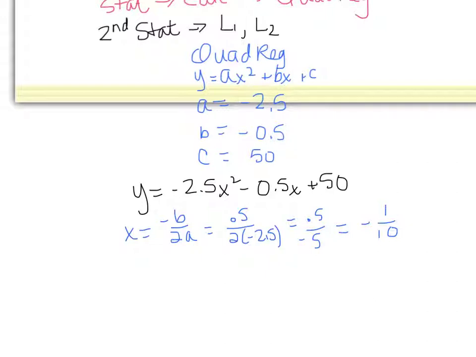I want to know the height, which is my y value. So to find my y value, I'm going to take this negative 1/10 and plug it into this equation.